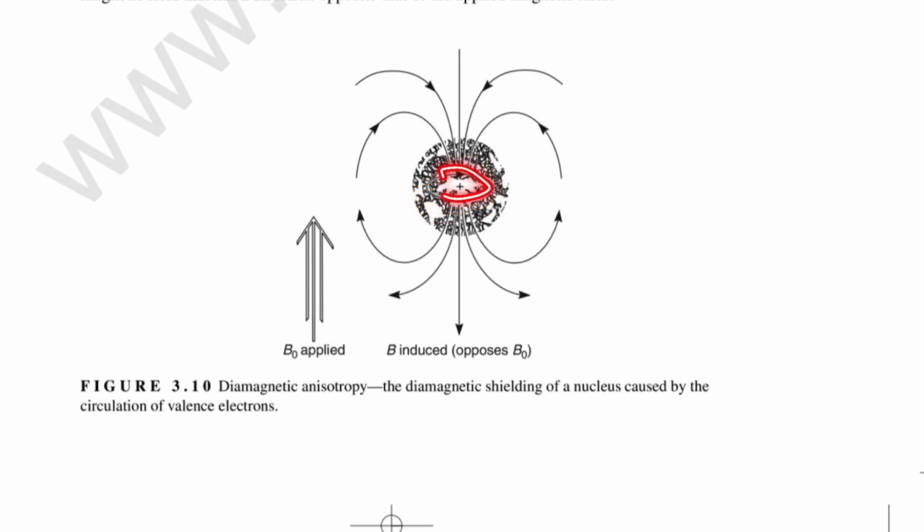Now the electron is also a charged particle, so in the presence of the applied magnetic field, according to the rules of electromagnetic induction, it also starts to circulate or rotate, and we can see this is the direction of rotation of these electrons.